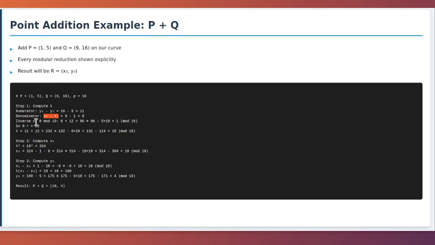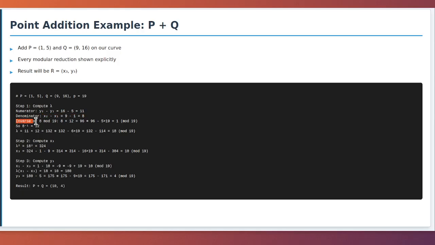Let's compute the numerator. y2 minus y1 equals 16 minus 5 equals 11. Now the denominator. x2 minus x1 equals 9 minus 1 equals 8. So we need lambda equals 11 times the inverse of 8, modulo 19.